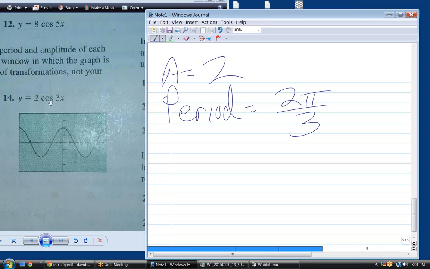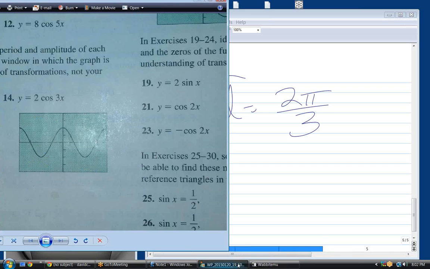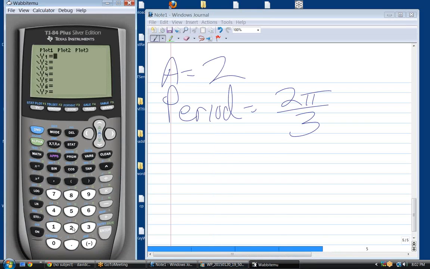What should my window on the calculator be? Looks like negative 2 pi over 3 to 2 pi over 3. What's the function again? It's 2 cosine 3x.